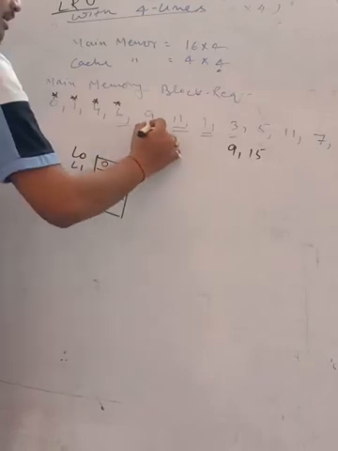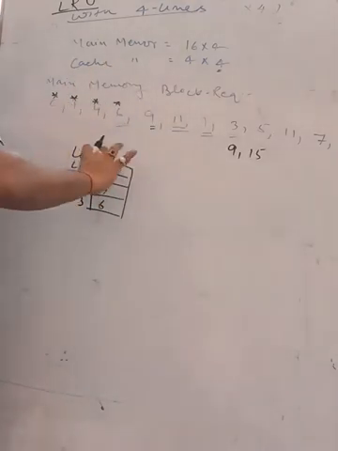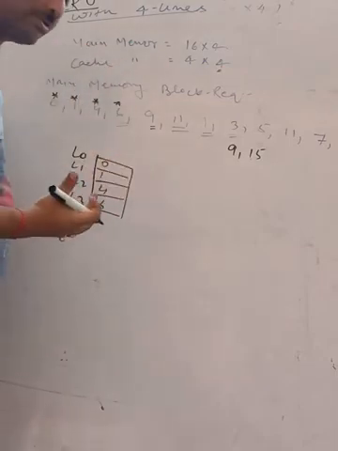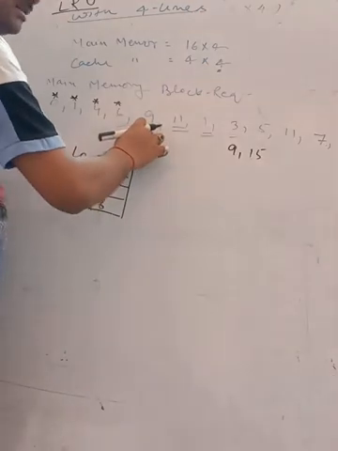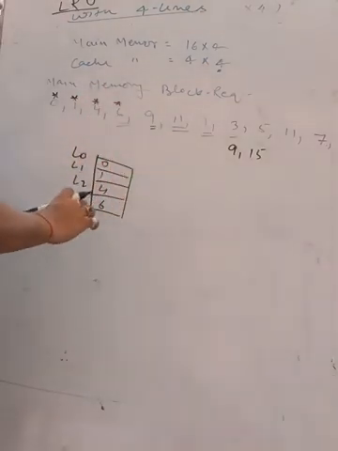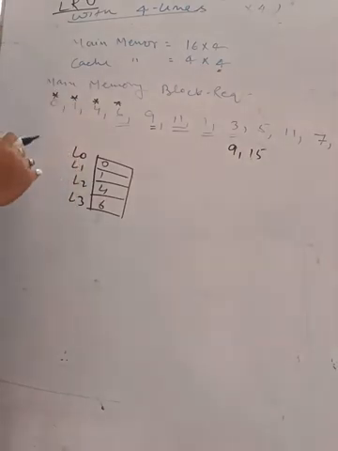When we talk about 9, the cache memory is full, so we will apply our LRU strategy. Where should 9 be stored? 9 can be stored at line 0, line 1, line 2 or line 3.